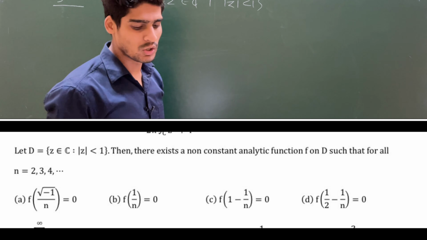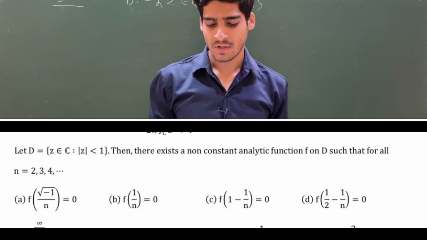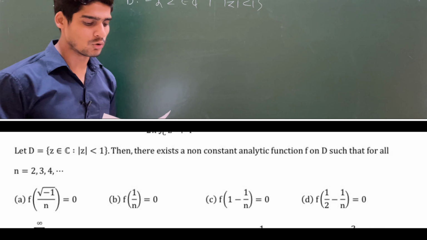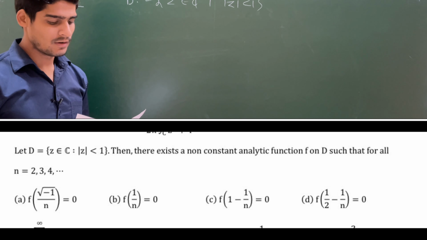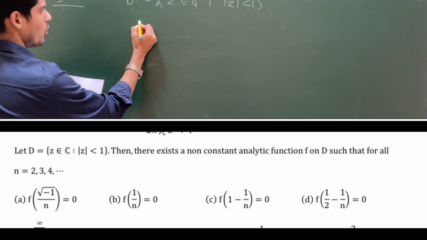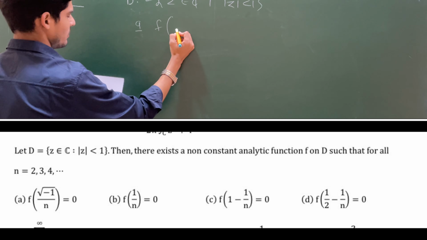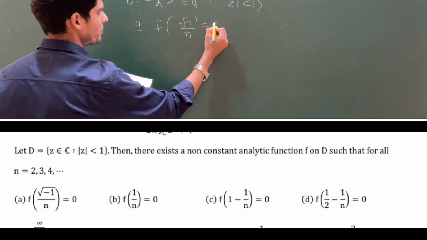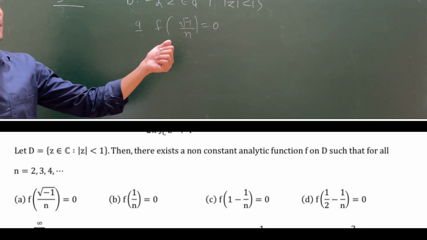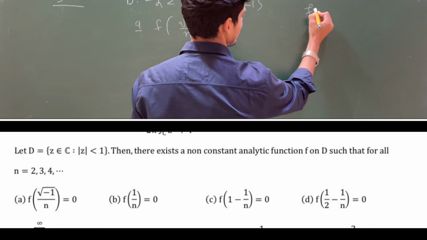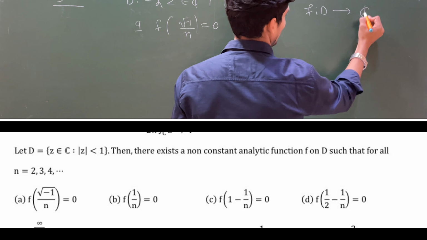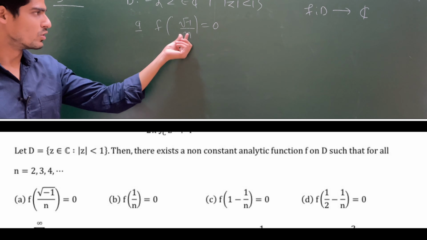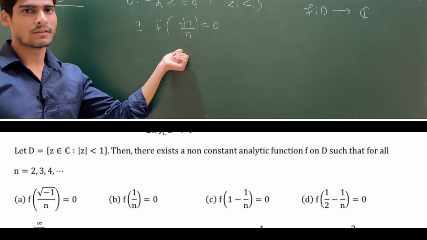Then there exists a non-constant analytic function f on D such that for all n equal to 2, 3, 4 and so on. If you observe option A, f at square root of minus 1 upon n is 0. Can you give me an analytic function which is non-constant, defined from D to C, and whose zeros are exactly square root of minus 1 upon n?